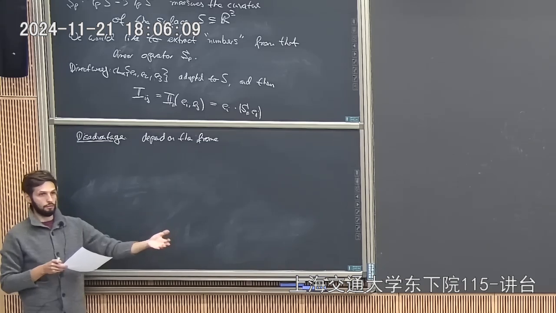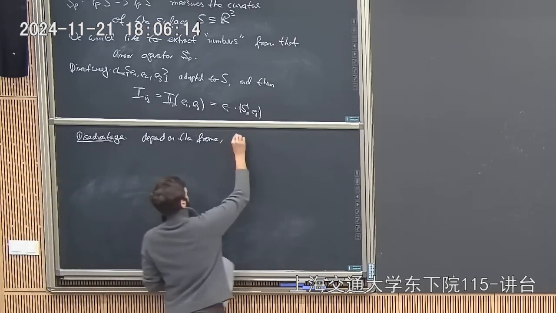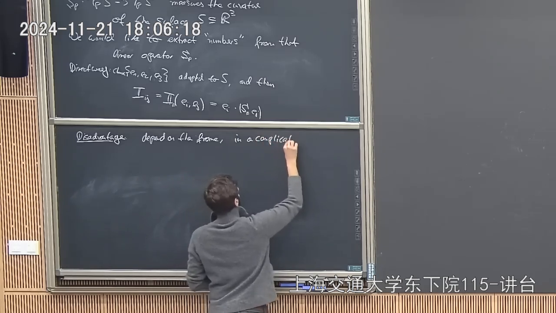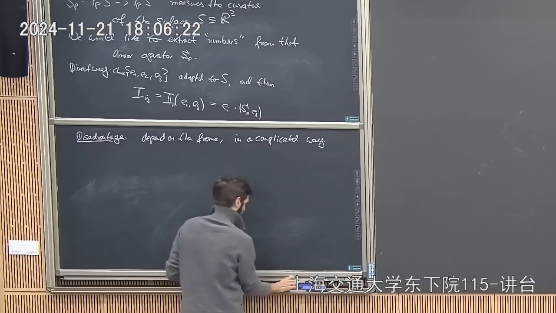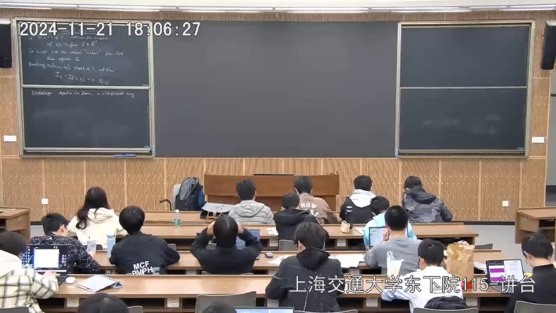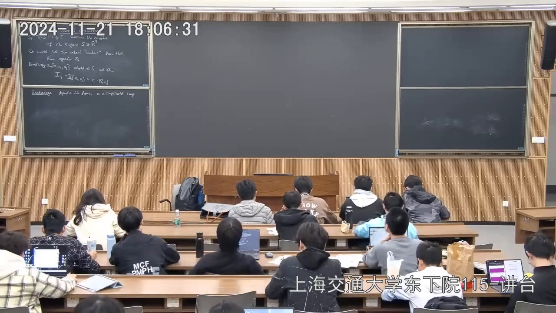And the transformation laws between them are very complicated. So we would like to extract numbers in a little bit more intelligent way, such that we don't need to choose a frame, for example.